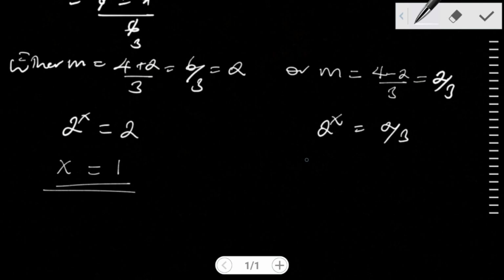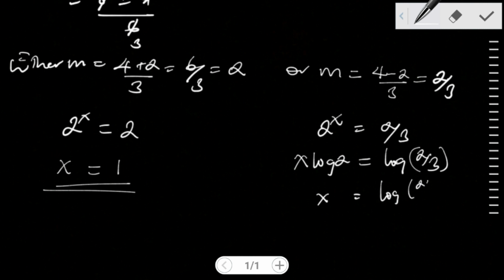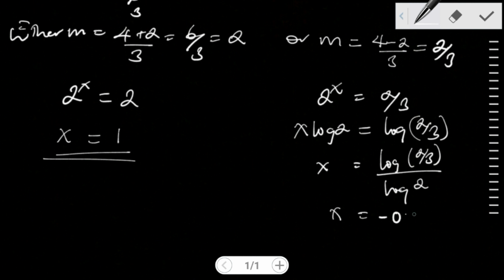Now if I take log of both sides, x log of 2 would be equal to log of 2 over 3. Then x would be equal to log of 2 divided by 3, all over log of 2. And therefore, x in this case would be negative 0.5850. And hence, this is the value of x.